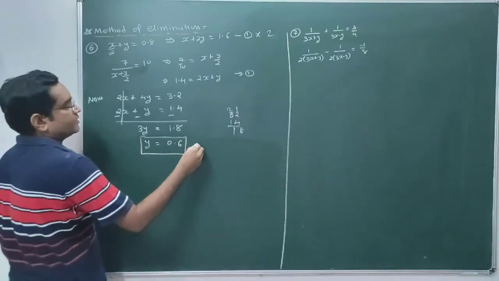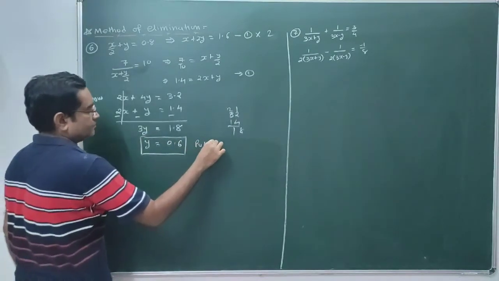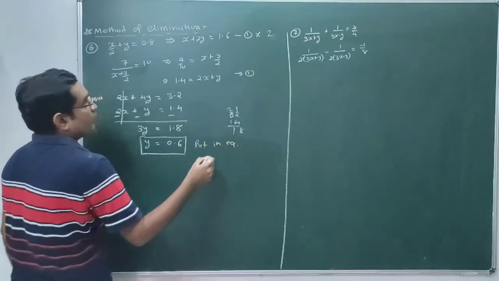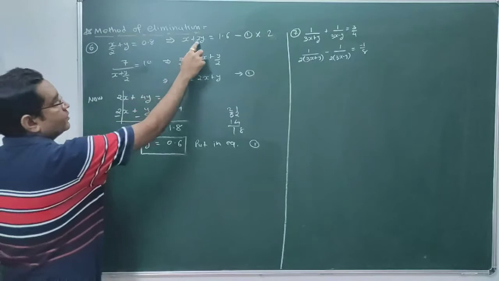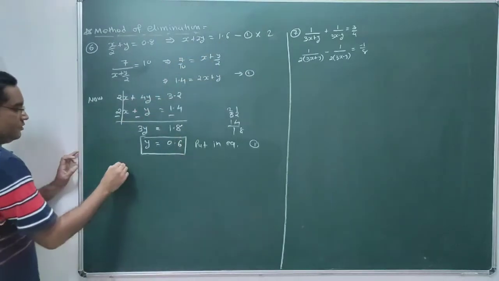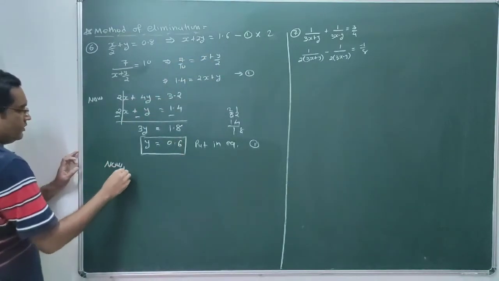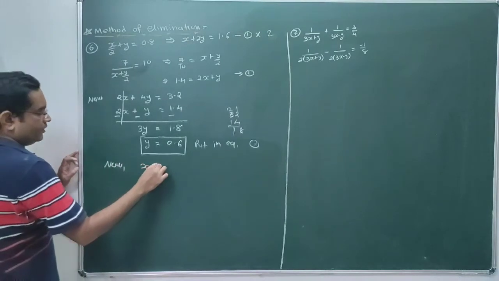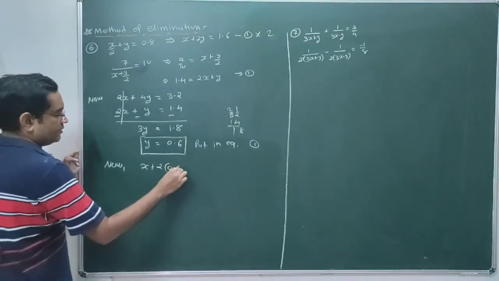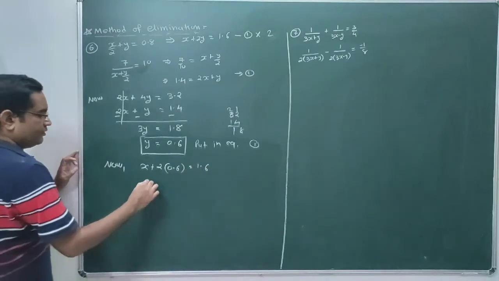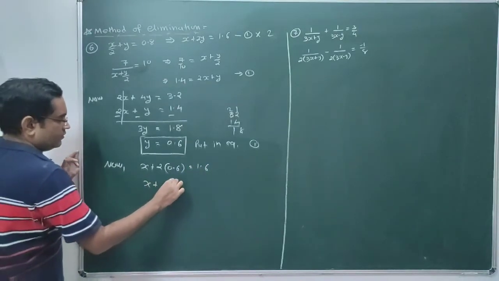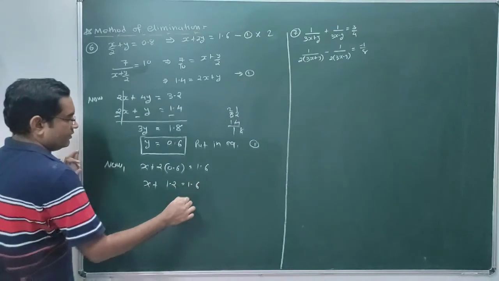Put this 0.6 in equation number 1. Equation number 1 is x plus 2y equal to 1.6. So now our equation 1 is x plus 2y, y is 0.6, equal to 1.6. It's x plus 1.2 equal to 1.6.